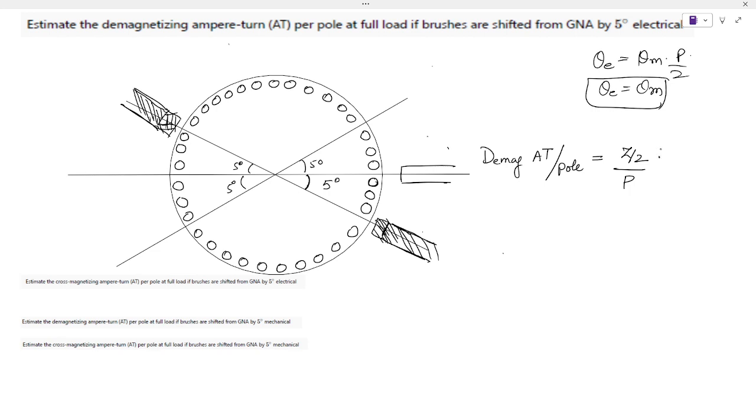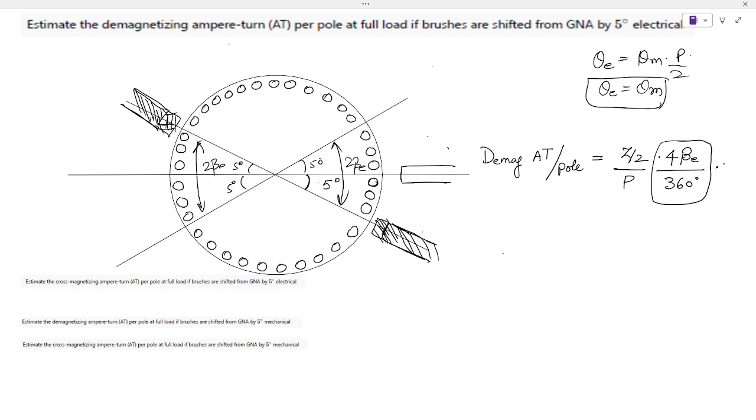Then if this is beta, this is again beta, then we have total 4 beta electrical divided by 360 degree. That means these many conductors, this is 2 beta E, this is 2 beta E, fall under this effect of brush shift.